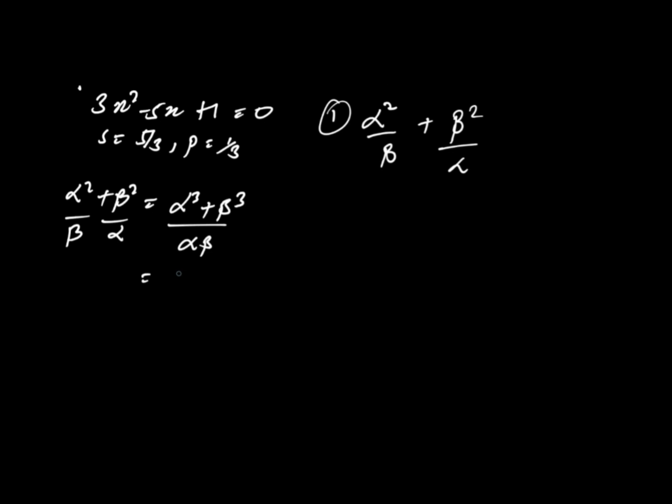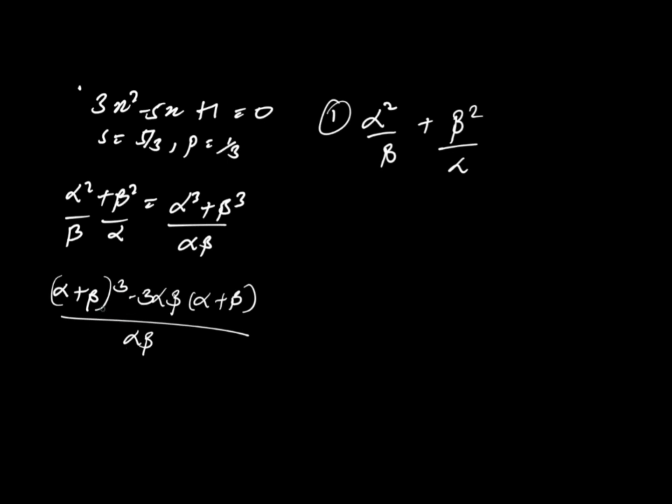And therefore, I know that for the above expression I'm going to have alpha plus beta cubed minus 3 alpha beta into alpha plus beta, close this, all over alpha beta.